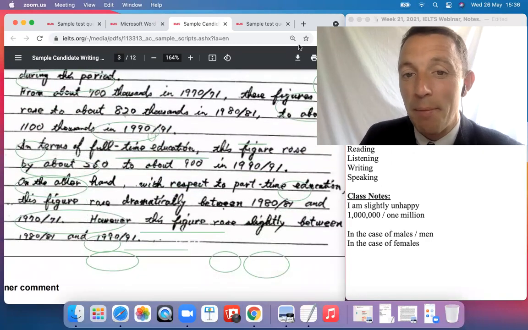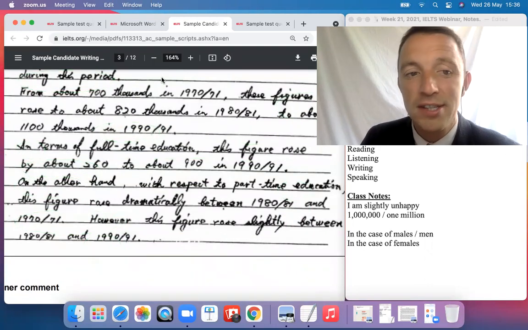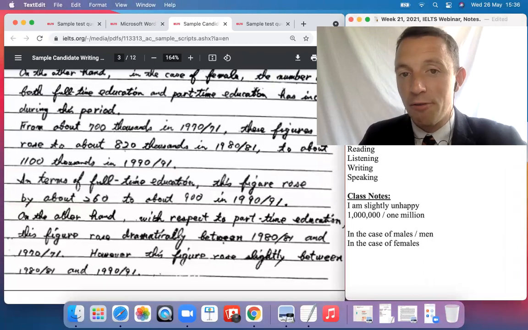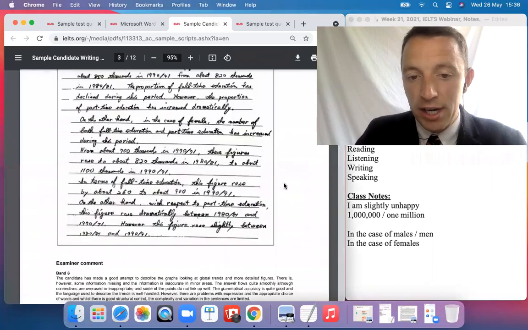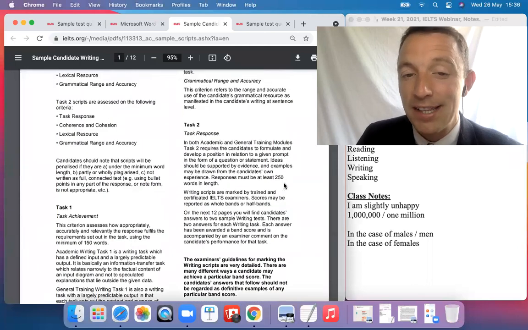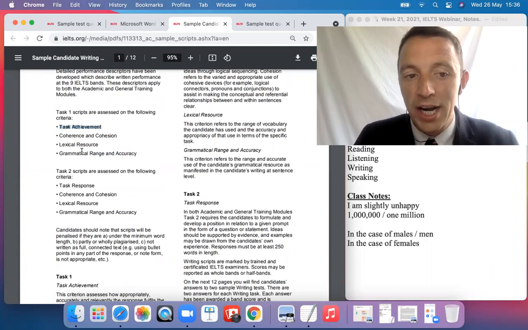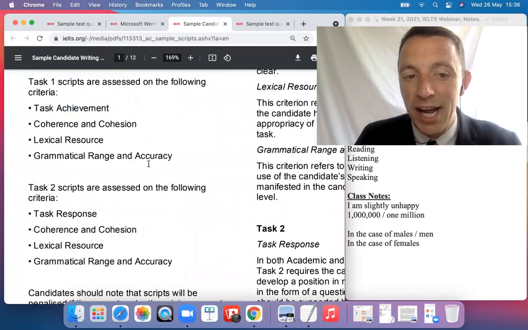Basically my mark for this person would be not bad, because we need to remember the criteria for the writing. So I'm just going to show you again at the top of this page the criteria for the writing always in the IELTS exam, task 1 and task 2. Task achievement, coherence and cohesion, lexical resource, grammatical range and accuracy.